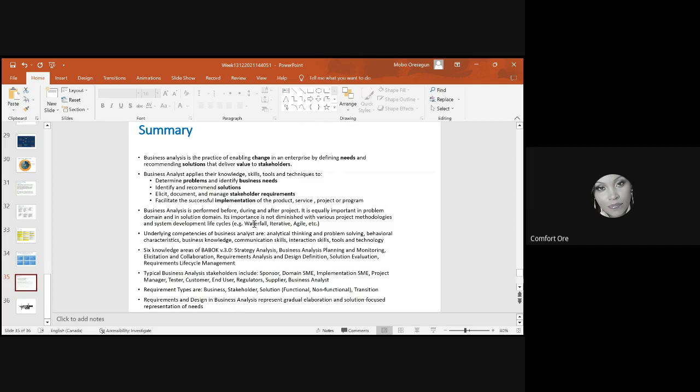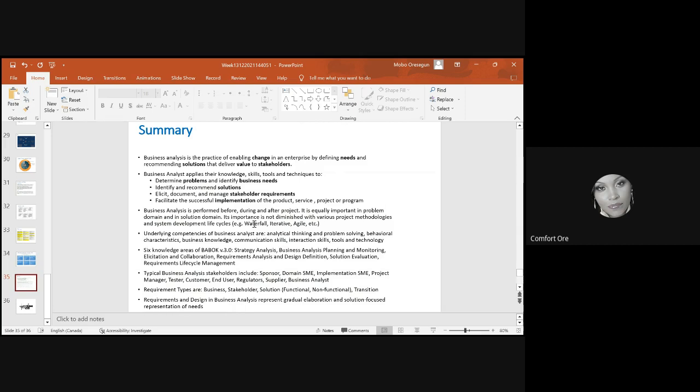And then a business analyst, you and I, are the ones who apply their knowledge, their skills, their tools, and techniques to determine what the problem is. Because there's a possibility that you understand the problem as one thing, but the actual issue is another.